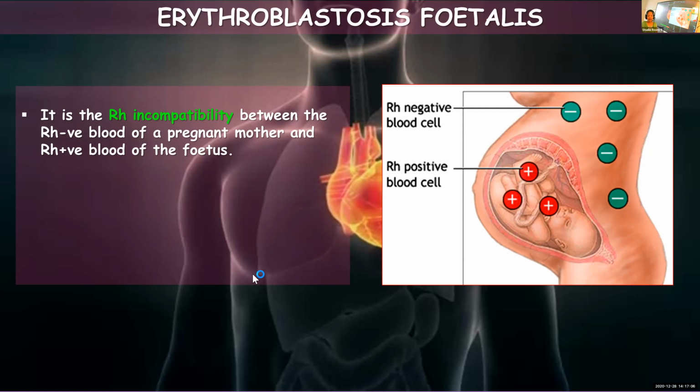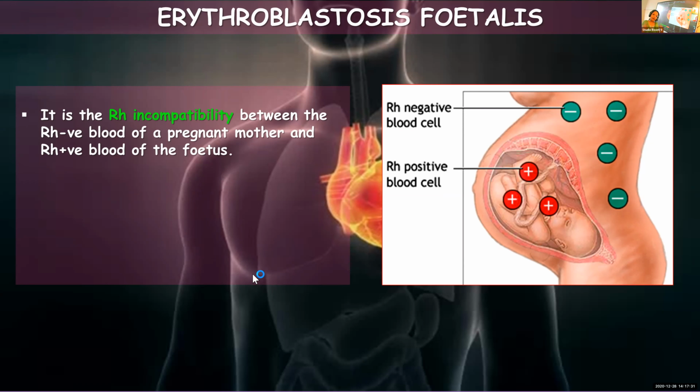the child again may be Rh positive, because when the mother is negative and the father is positive, the child might become Rh positive again. If the next child is also Rh positive, the mother's blood already contains antibodies against the Rh factor, produced at the time of the first delivery.